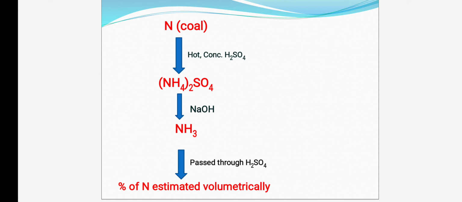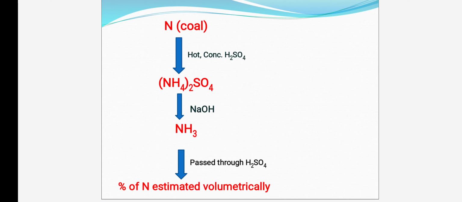From the volume of unused acid left behind, we are able to find percent nitrogen. So percent nitrogen is determined or estimated volumetrically. Why volumetrically? Because by taking the help of the volume of acid left behind after the reaction, from that volume we find the percentage of nitrogen.